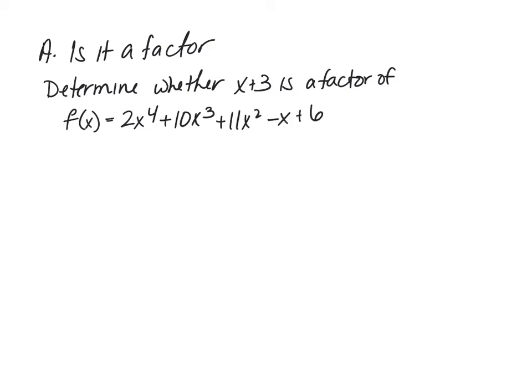So determine whether this binomial is a factor of this large polynomial, and we can use the remainder theorem to do that. And the factor theorem, we're going to use synthetic substitution.